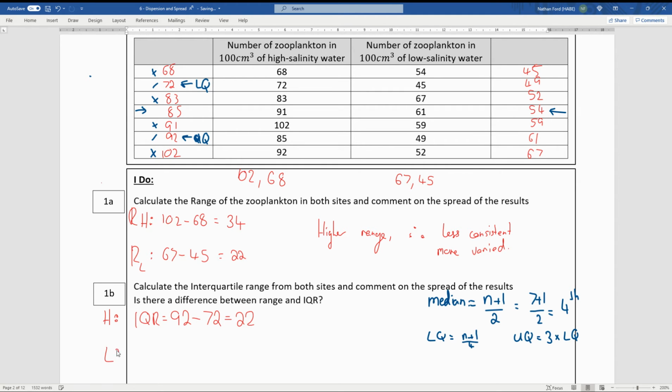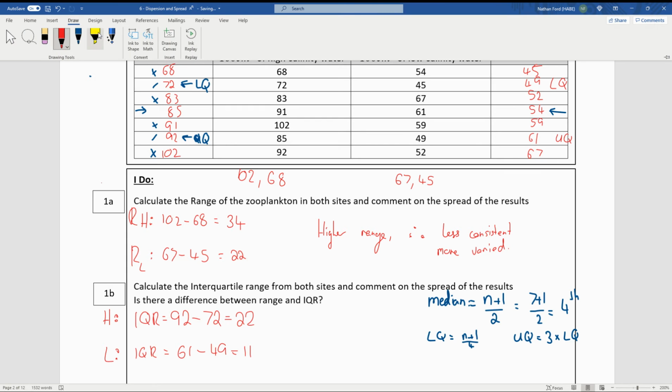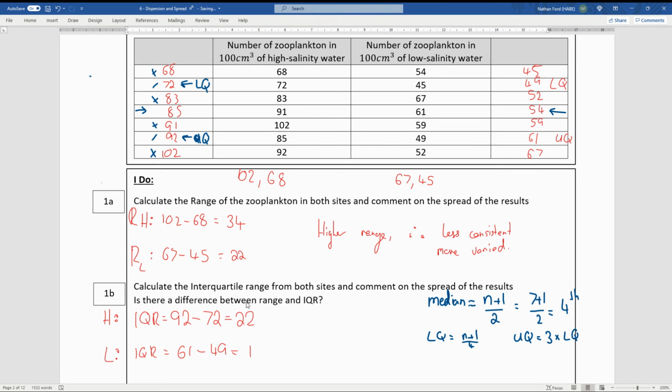For my low salinity water, I've got, so we can look across, so this is our upper quartile, this is our lower quartile. We have 61 minus 49, which is going to be 11. I can't even do it there. Let's fix that very quickly. 12.